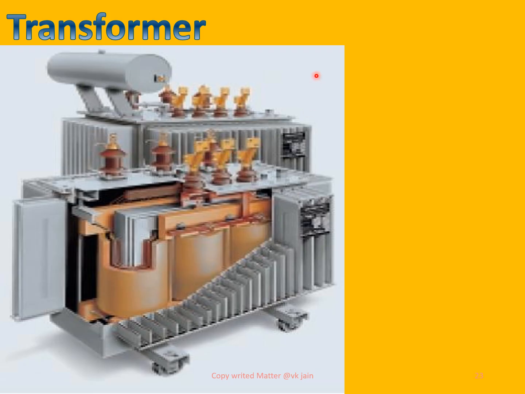So this is a complete opened-out detail of a transformer. This is the body of the transformer provided with radiators, with fins for removing heat from the transformer winding area itself.